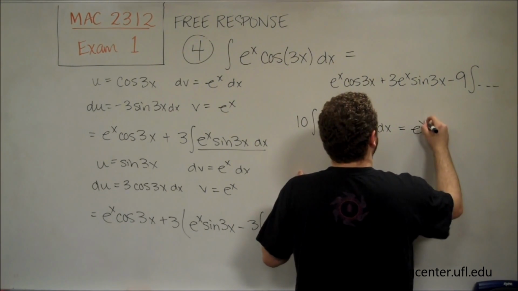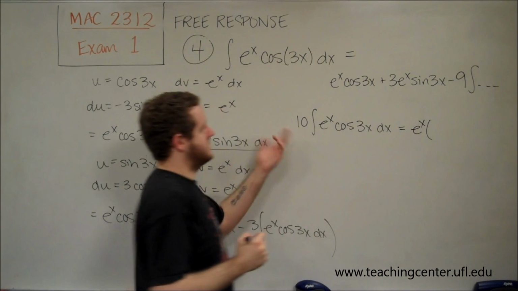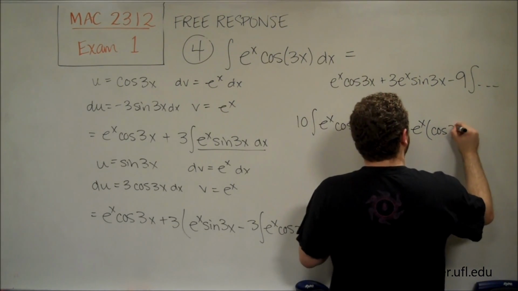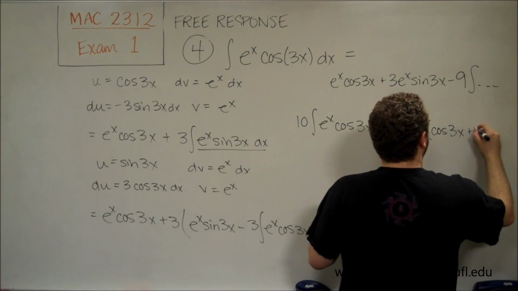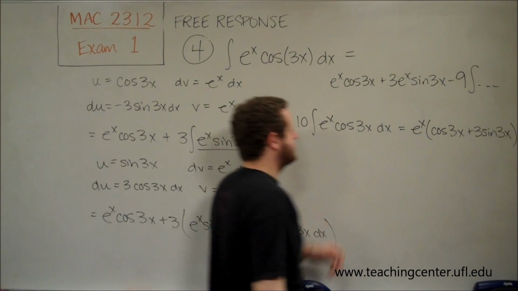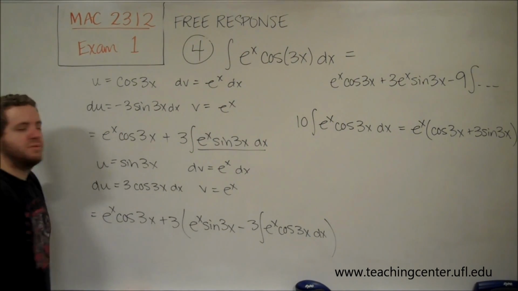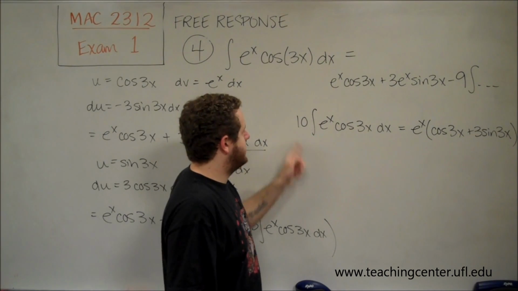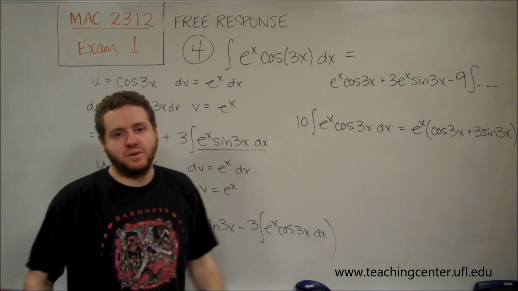And what I could do there is factor out an e to the x, because they both have that. And what I have then is cosine 3x plus 3 sine 3x. So if I want to know what the value of this integral is, all I have to do is divide by 10, and you have your answer.